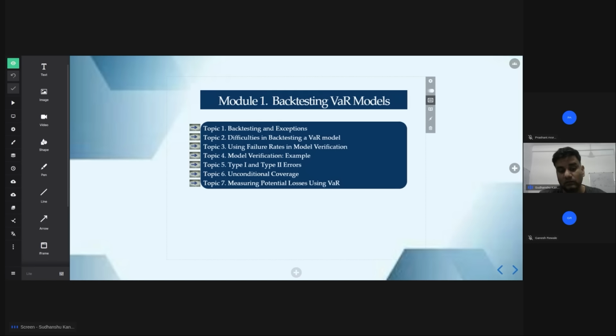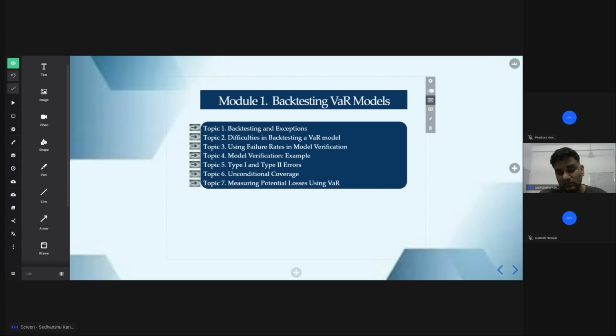What are exceptions, how they indicate your model accuracy, difficulties in backtesting, why results may not perfectly match reality, what are the failure rates, how often losses exceed your VaR, what is the model verification example, a big example to show how to test, what are type 1 and type 2 errors, the statistical mistake in rejecting or accepting a model. Type 1 and type 2 error you have seen in FRM Part 1, right?